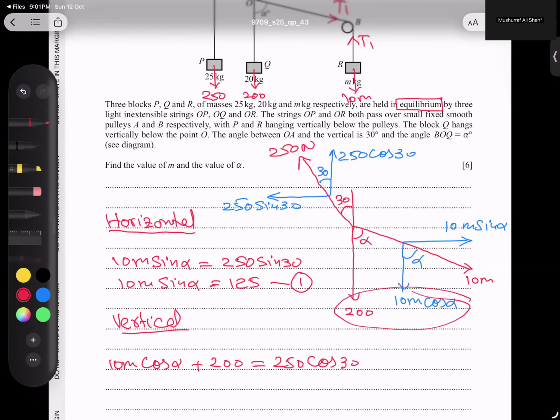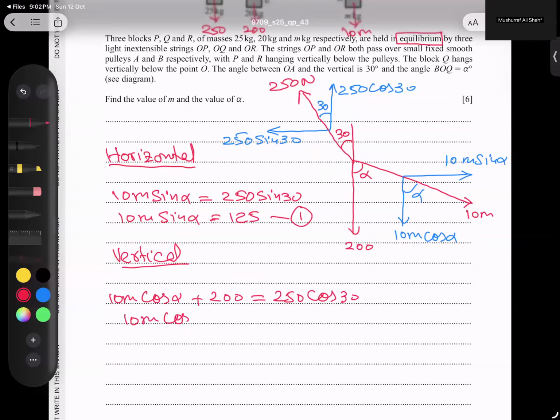Repeat, these two sum is equal to that one. So 200 will go on the other side, and I'm getting 10m cos alpha is equal to 250 cos 30 minus 200. Now this is equation number 2.